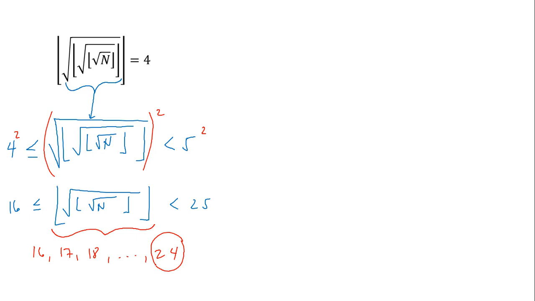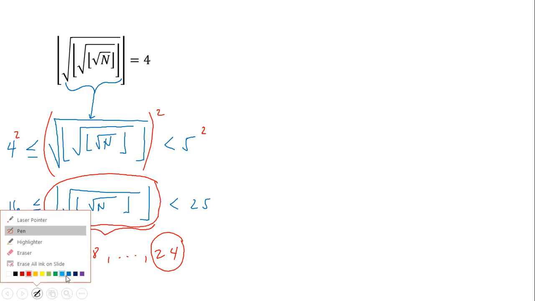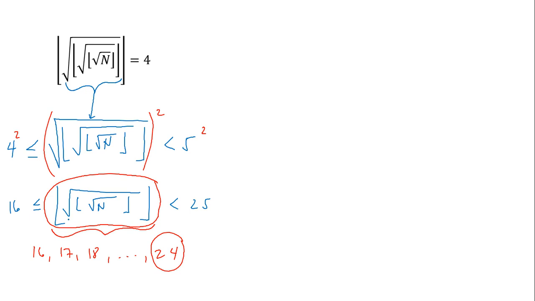So, if the value of this is 24, it follows that the square root of the floor of the square root of n is greater than or equal to 24 but less than 25.